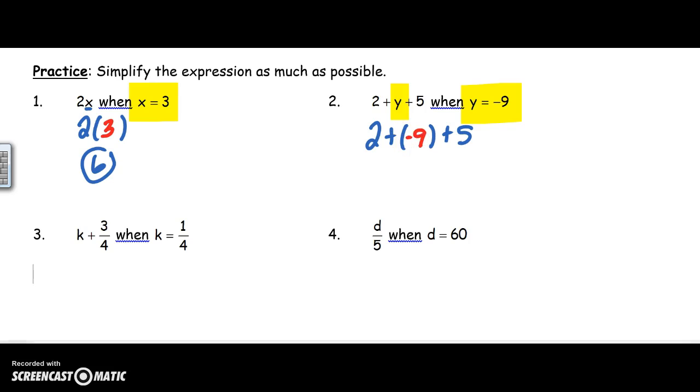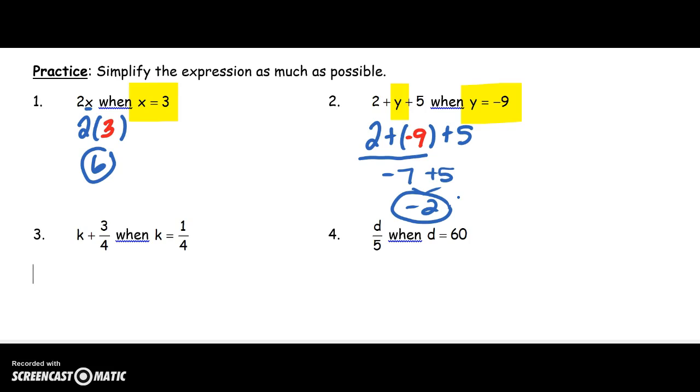So let's take this step by step. 2 plus -9 is -7. We didn't use this plus 5, so we're going to bring it down. And now you say -7 plus 5 is -2. And since there's no more operations, no more plus, minus, multiply, divide, then we're done. And you can circle your answer.